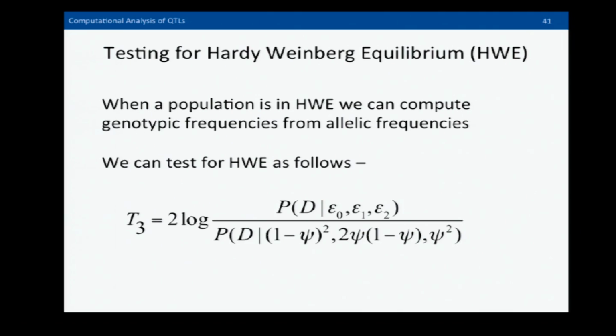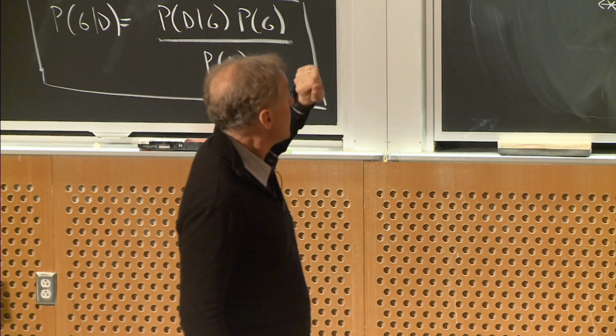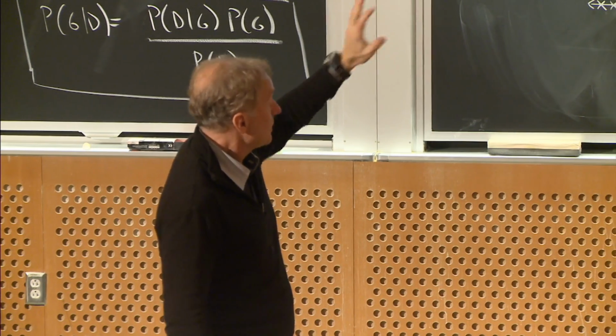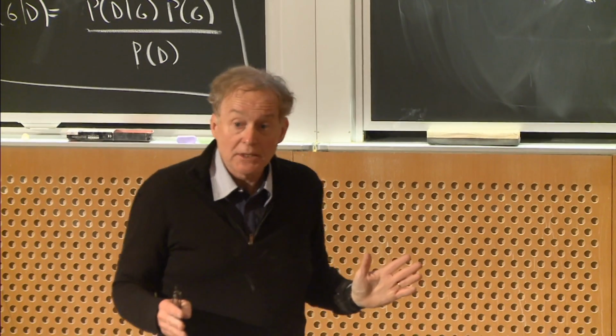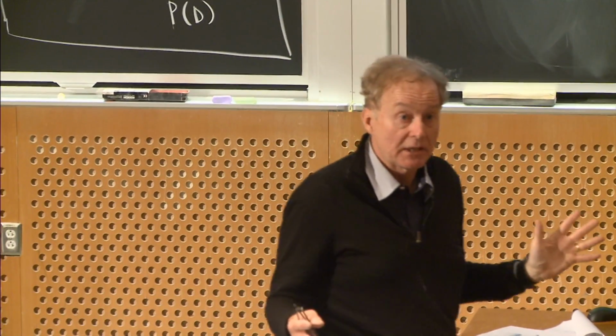And this will tell us whether or not these are concordant or not. And if the chi-square value is large enough, we're going to say that this divergence couldn't have occurred at random, and therefore the population is not in equilibrium.